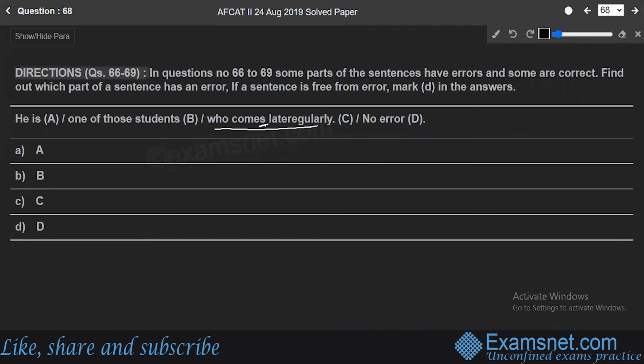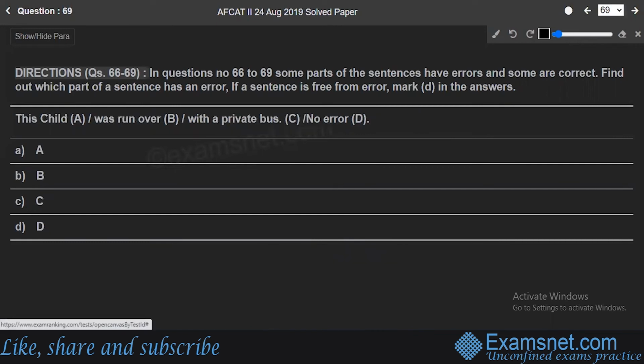He is one of those students who come late regularly. So option C is the correct answer. This is the part which is wrong. Option C is the answer. Let's move to the next question.